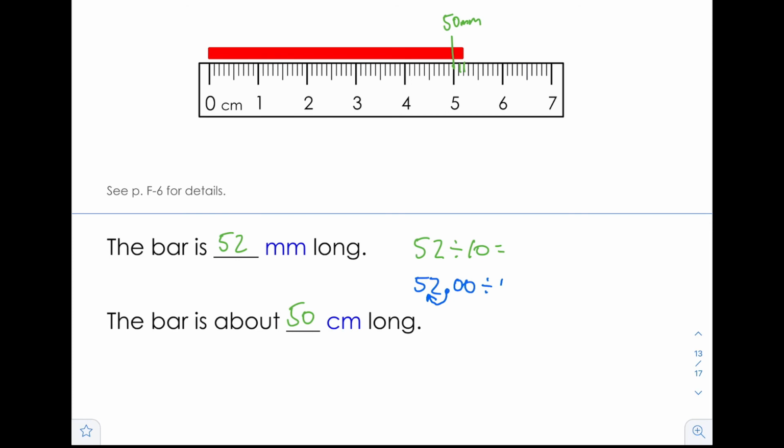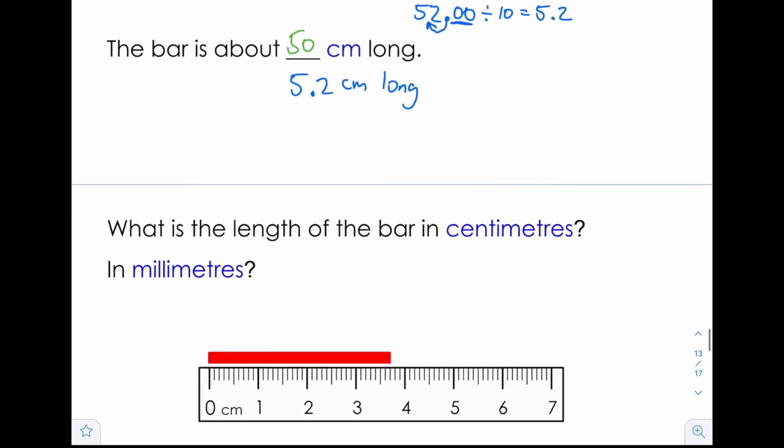So 52 divided by 10 is equal to 5.2. The zeros I don't have to write, I can ignore them. So the bar is actually 5.2 centimeters long. You could tell that it's 5 and a bit, so 5.2 is a reasonable answer.